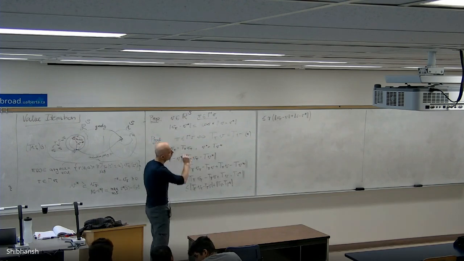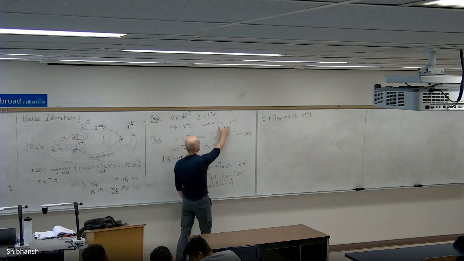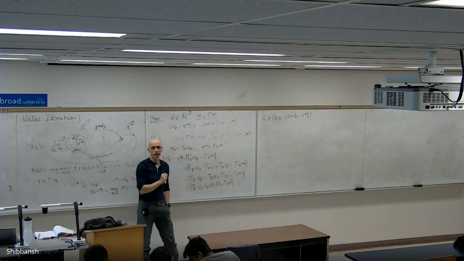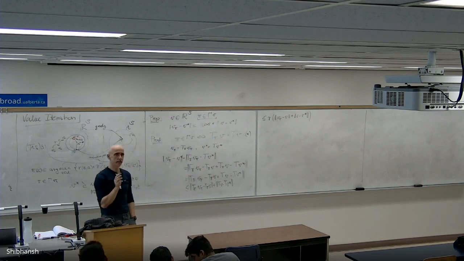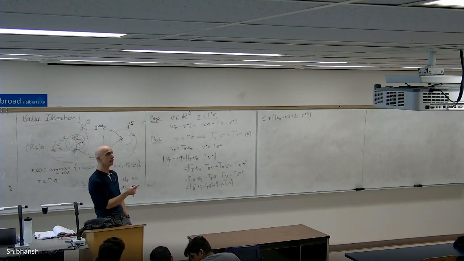We are getting those terms, V pi minus V and V minus V star. We want to only see V minus V star. We are happy with that term on the right-hand side, because that's what we want to use to control the distance between V pi and V star. We're not happy with the other term, V pi minus V. It's not a term that we want to see, but we want to see V pi minus V star. So we're going to subtract and add V star there and use the triangle inequality.